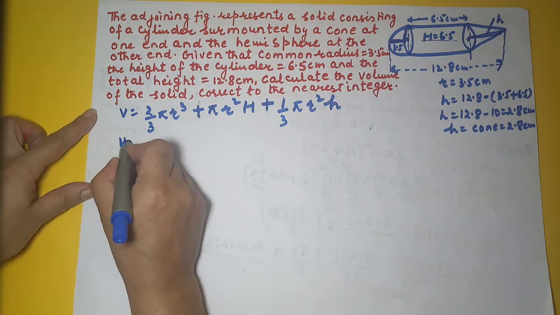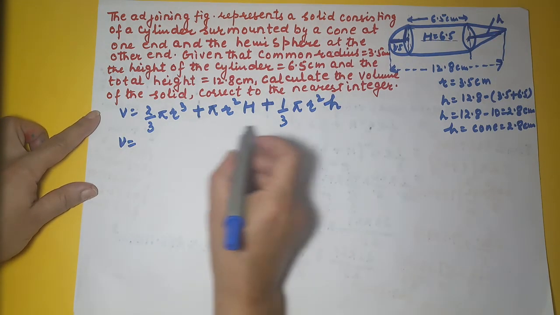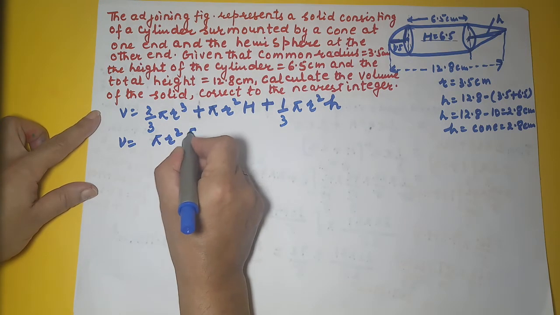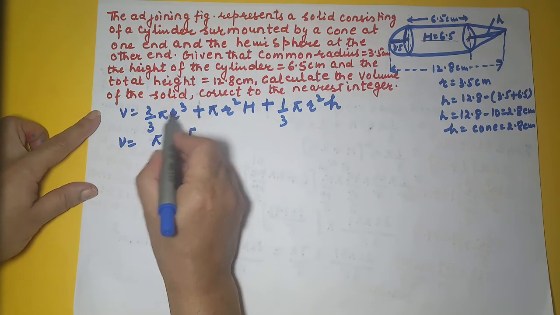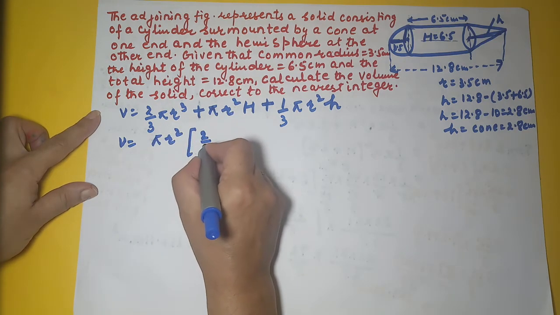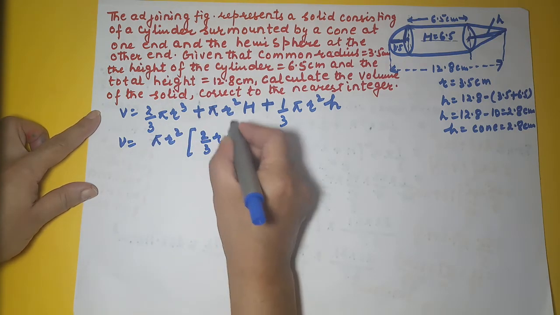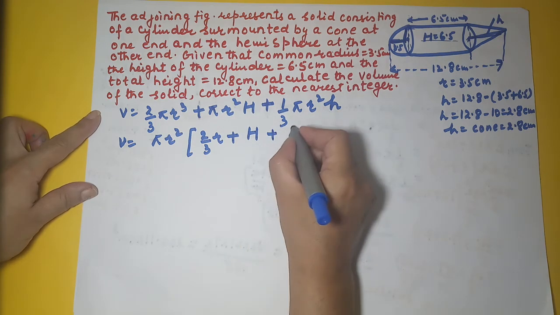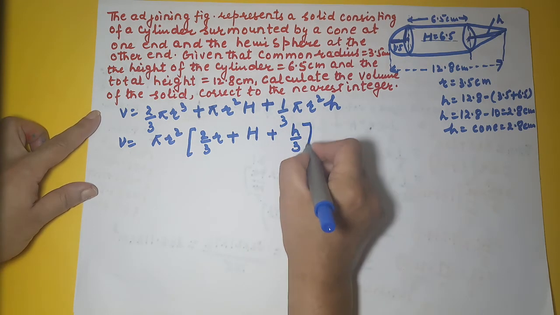Now let's see what we can take common here. Pi r square. So if we take pi r square common, what is left inside? Here we have r cube, so 2 by 3 r, plus H, plus h by 3, right?